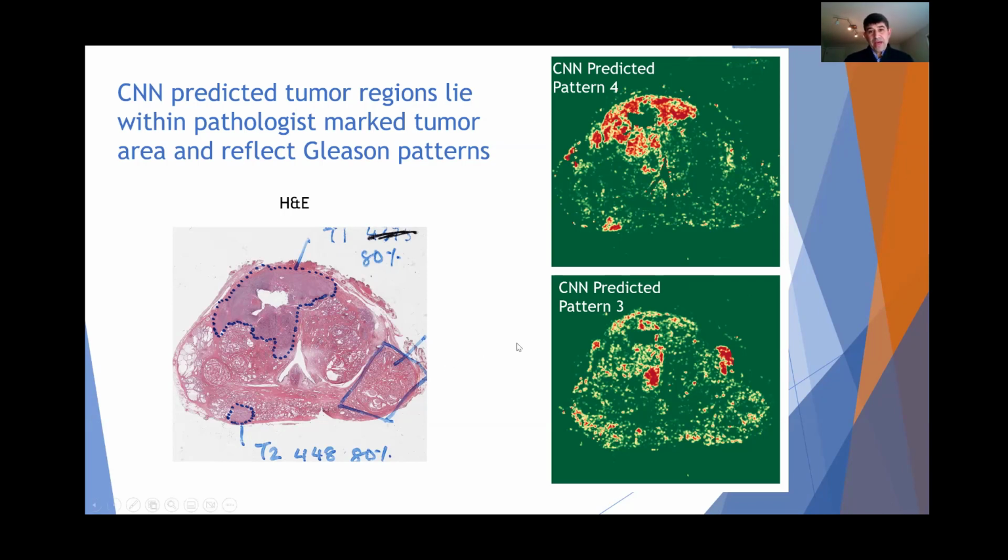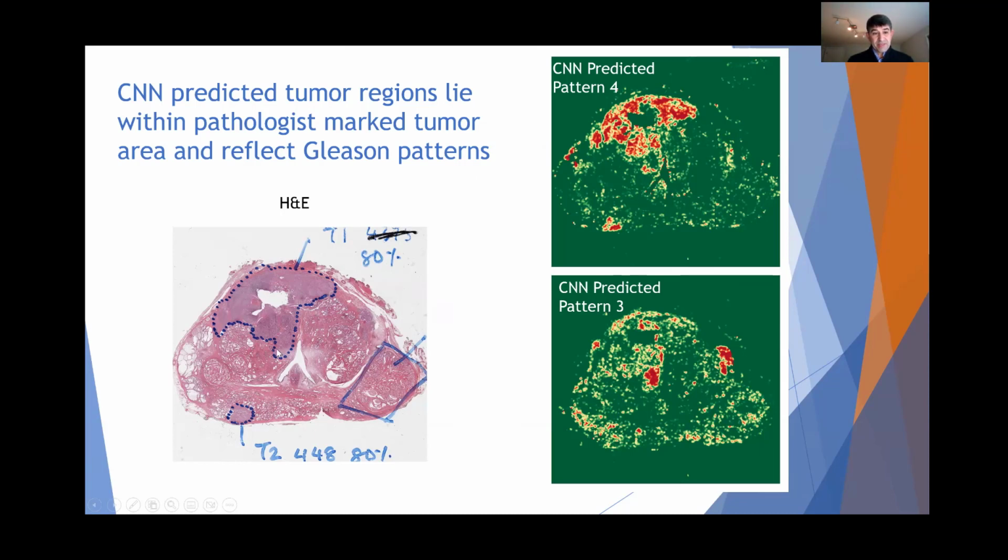And so then on the right, you can see the heat maps for the grade pattern 4 on the top, and grade pattern 3 on the bottom, where increasing intensity of red is indicative of a higher predicted probability of grade patterns 4 and 3.